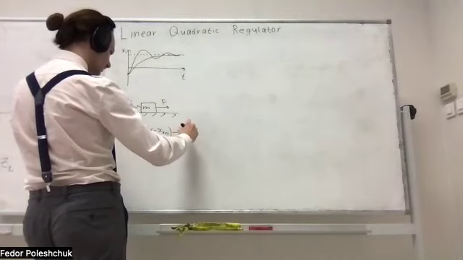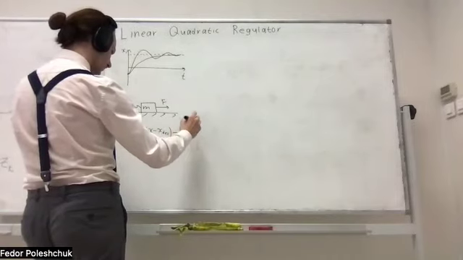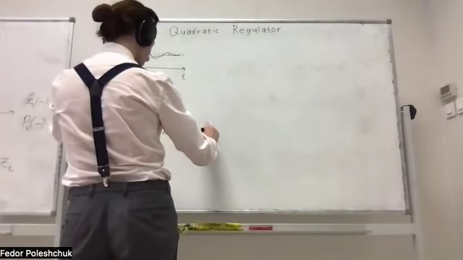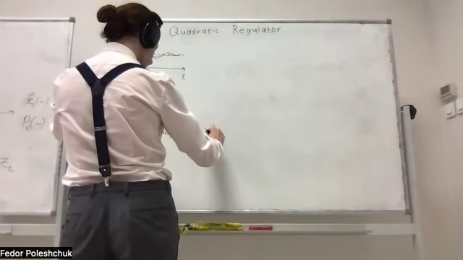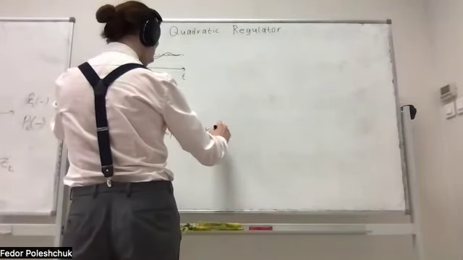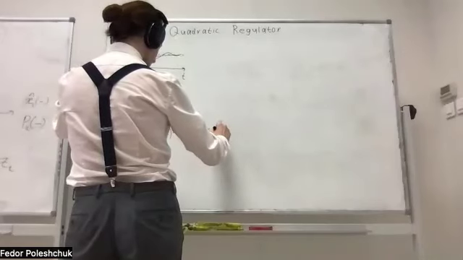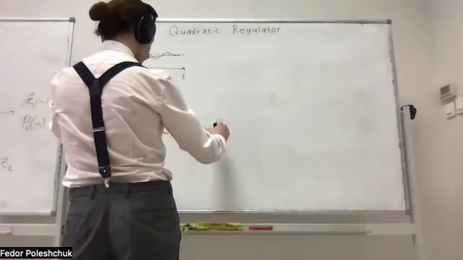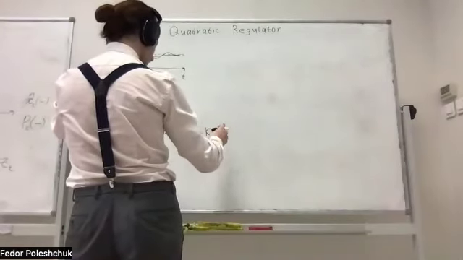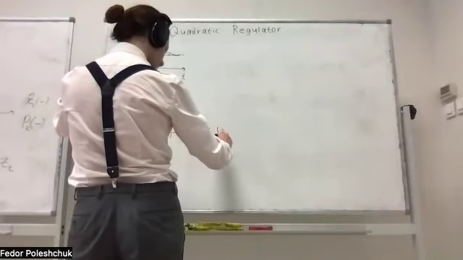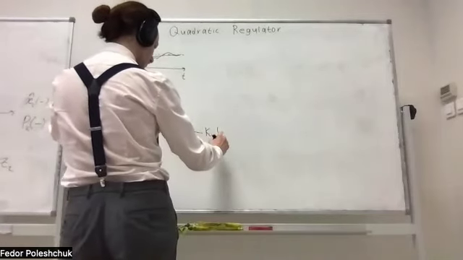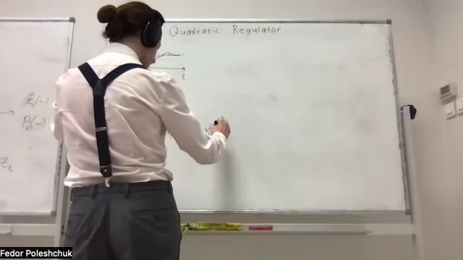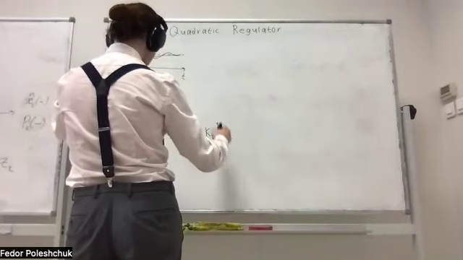KD times the first time derivative of X minus K sub I times the integral basically of X. I can write it just straightforward like this. So from time 0 to time t, the current time.